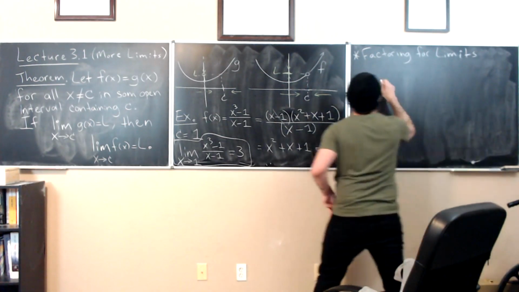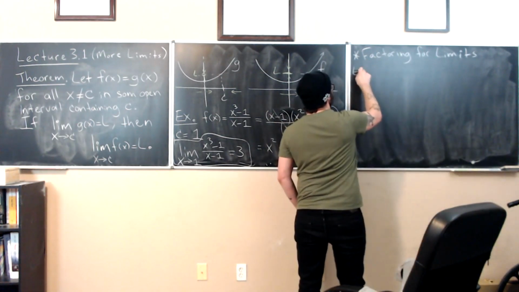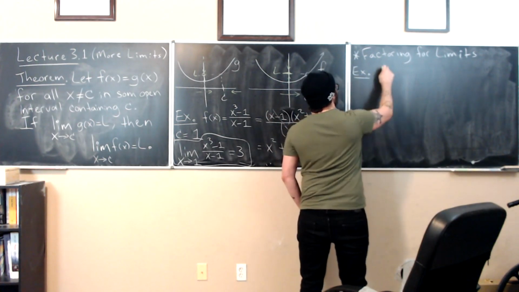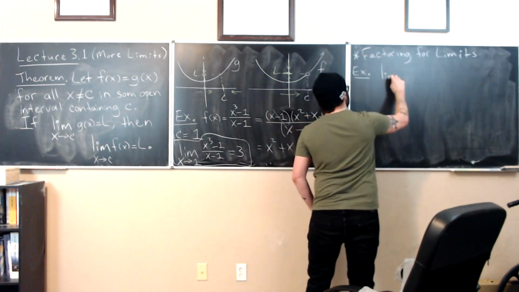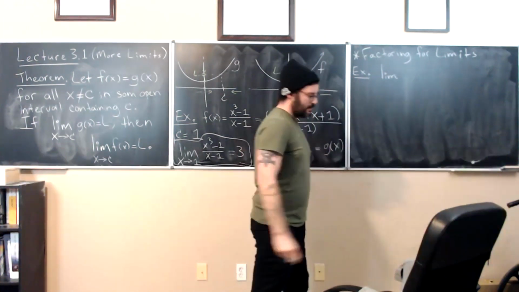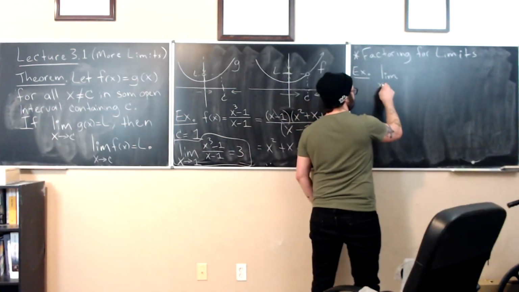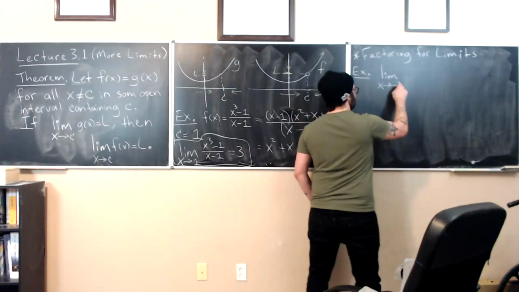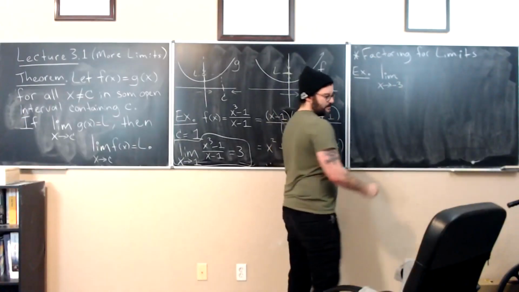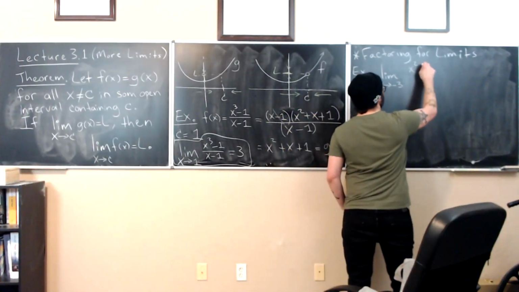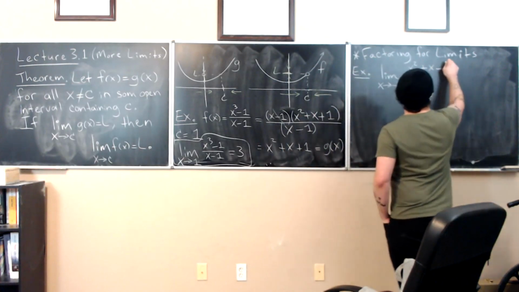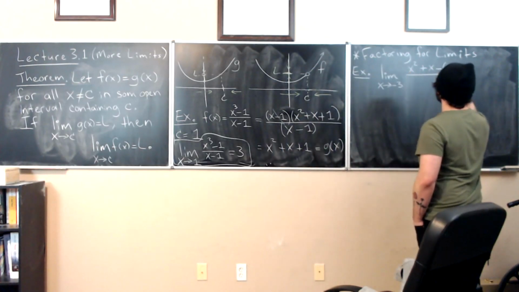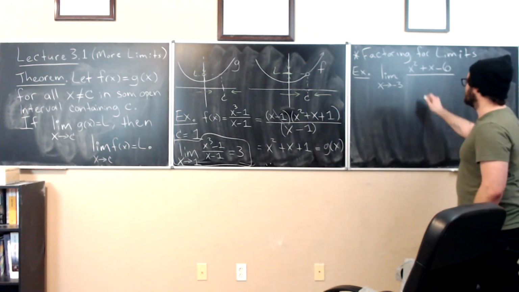So suppose you wanted to evaluate the limit as x approaches -3 of x squared plus x minus 6 all over x plus 3.